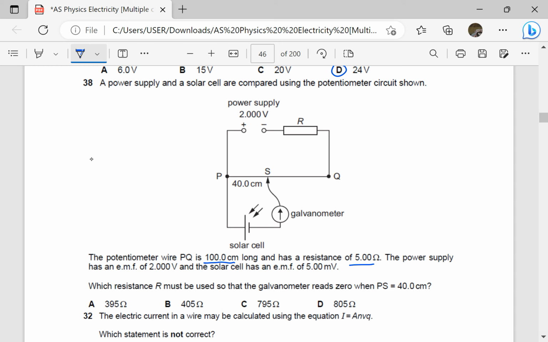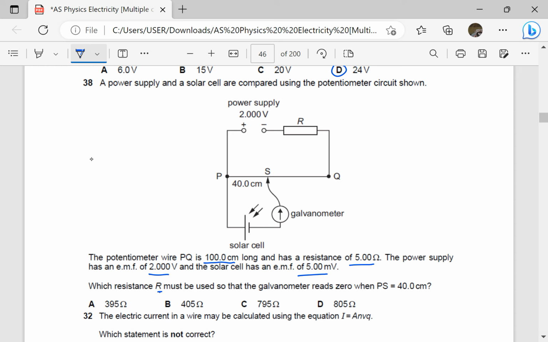The power supply has an e.m.f of 2 volts and the solar cell has an e.m.f of 5 millivolts. Which resistance R must be used so that the galvanometer reads 0 when PS is 40 centimeters?